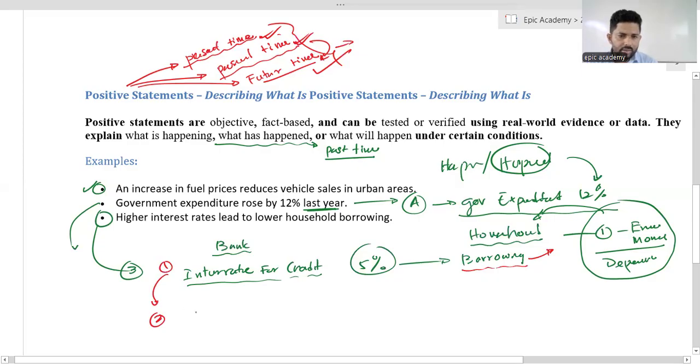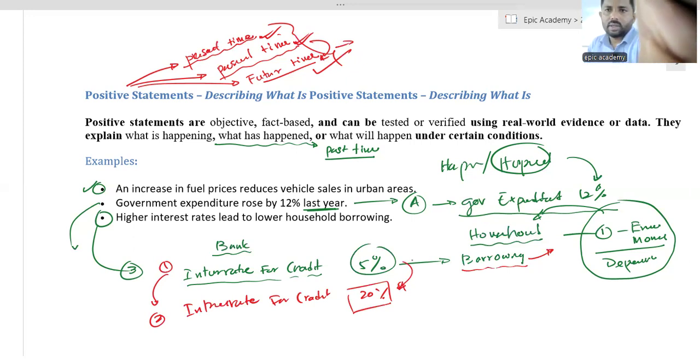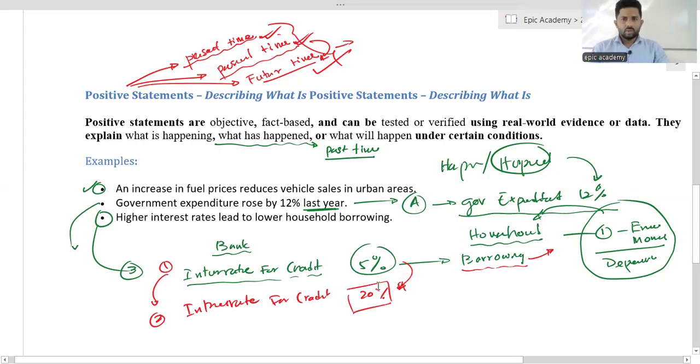The interest rate for the credit increased to 20%. Okay, this is a huge difference between 5% and 20%. Earlier it was 5%, but now it is 20%.